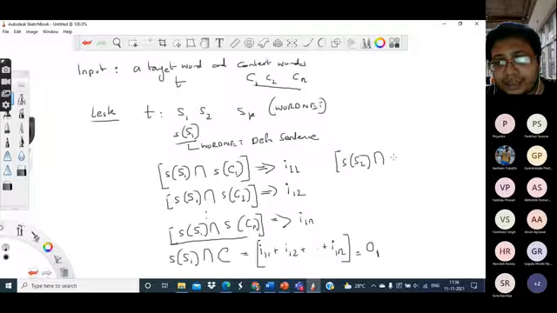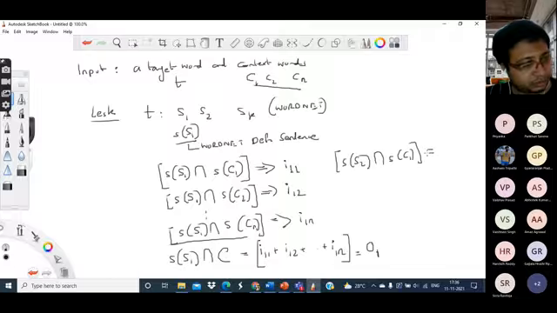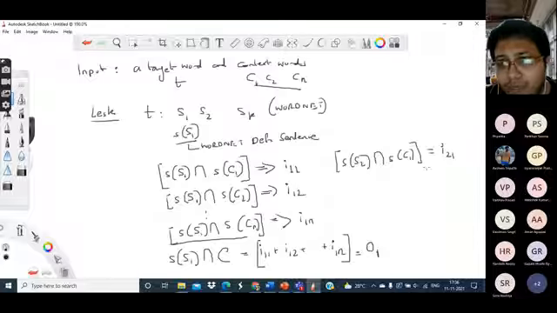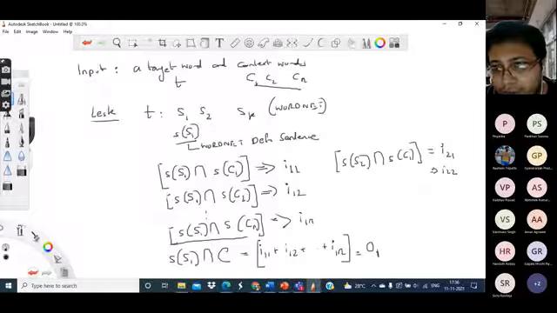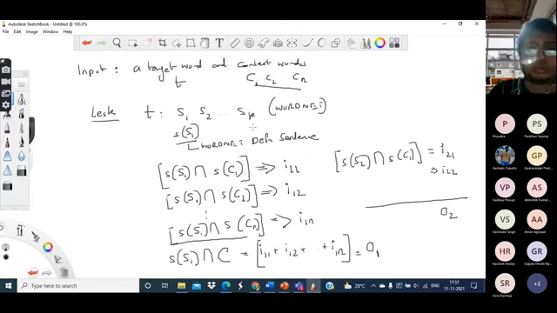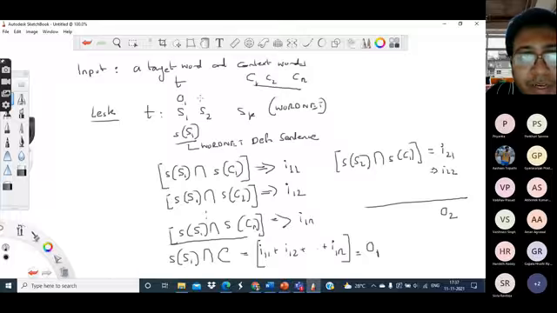I take its intersection again with S of C1, and I call it I21. Similarly, I can get I22, etc. After I add all of them up, I will get O2. So just repeating this process, for sense S1 I will get O1, for sense S2 I will get O2, and so on. For all the senses I will get O1, O2 and so on.